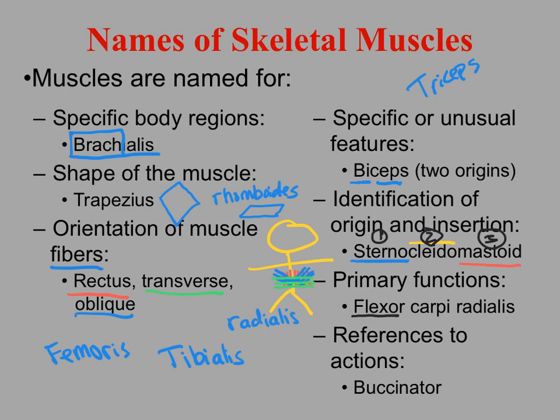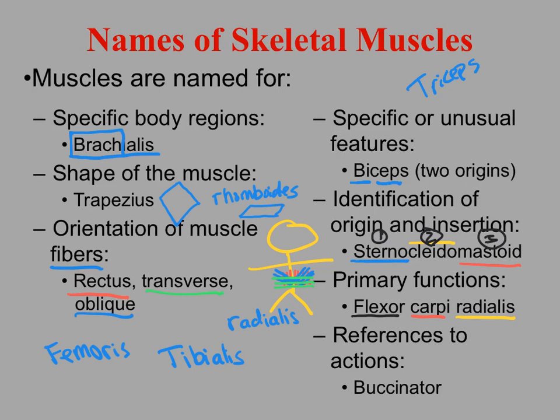This example that I'm giving you, flexor carpi radialis, is a longer muscle name that has a lot of information. It tells you, one, that it does some sort of flexion. Carpi means wrist, and radialis refers to where you find it, the location. So this muscle runs down the length of the radius.